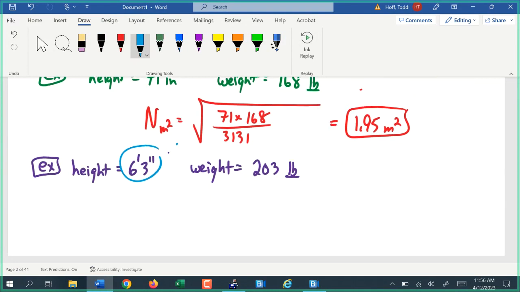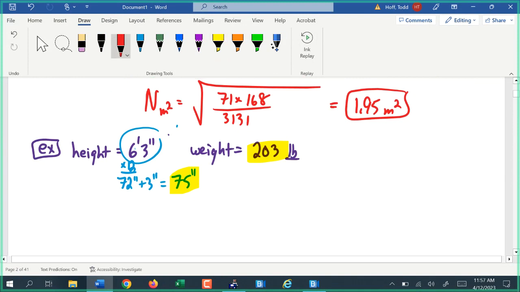And the way we would do that conversion is just take that 6 feet times 12 to make it 72 inches. Add the 3 inches to that. So that is a patient that is 75 inches. So again, from there, height of 75 inches, weight of 203 pounds. I'll give you about half a minute to plug that in the formula, see what you come up with, and we'll double check you in a little bit.